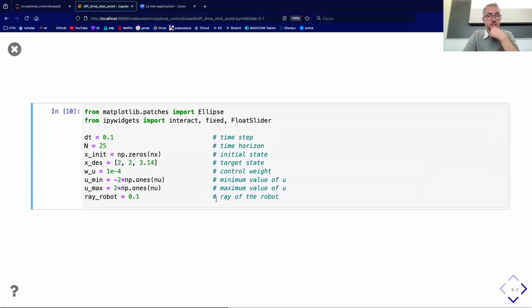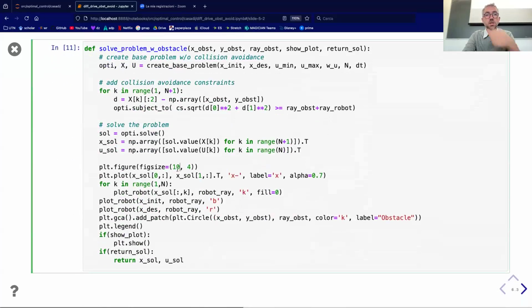So here we define the parameters, which are the usual ones. And here we create the optimal control problem with the extra collision avoidance constraint. So actually the extra code is just these 3 lines.